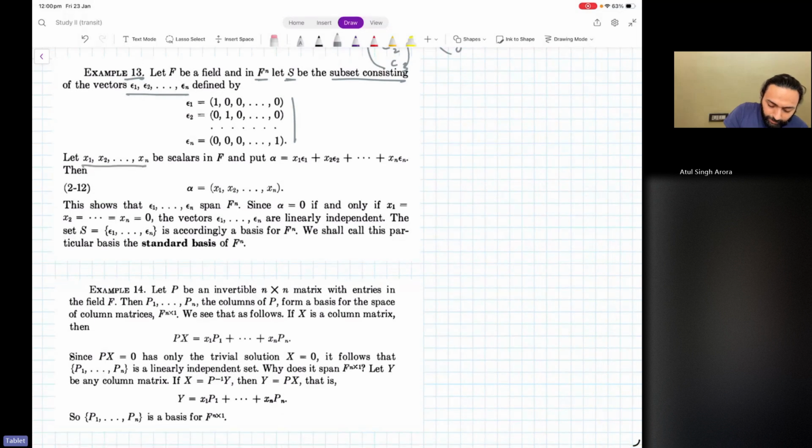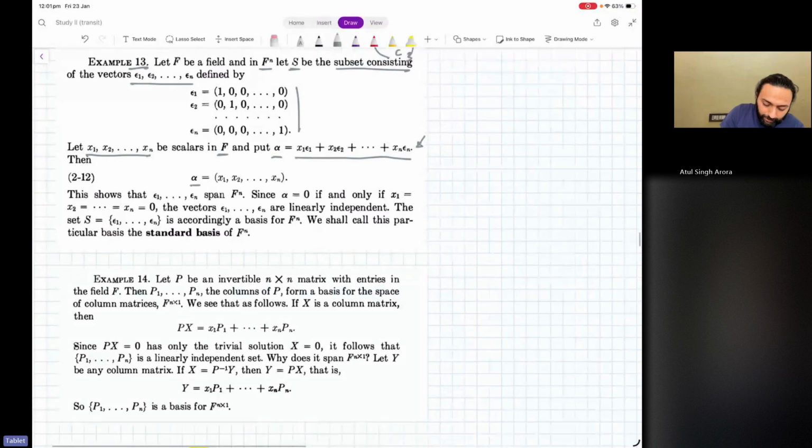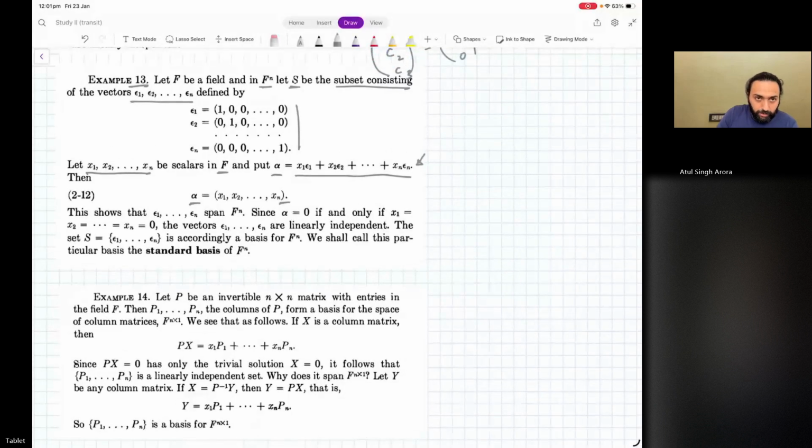Okay. So now let x1 to xn be scalars in capital F, and we put alpha equals this linear combination, with the weights xi's and the vectors epsilon. Then it is clear that alpha is this object. Is this okay? Yes, sir.